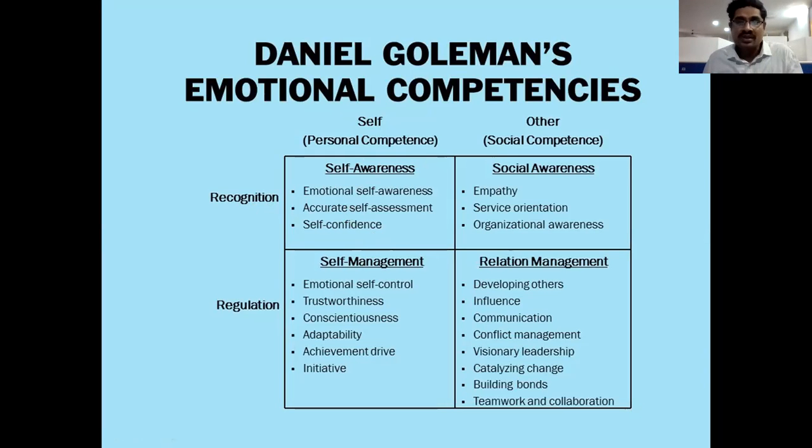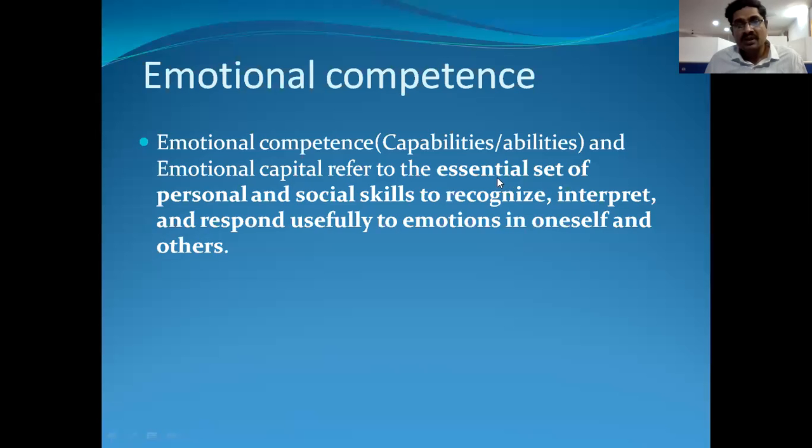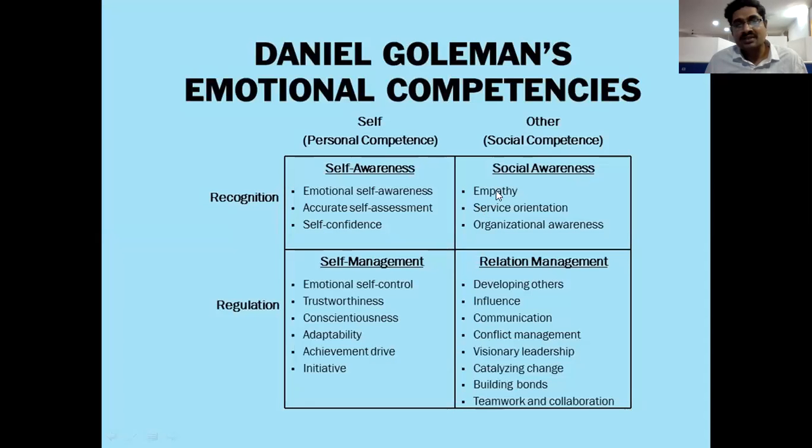These two points come under personal competencies. So simply, personal skills recognition. Coming to the next, as per the previous slide, social skills recognition. Here social awareness means social skills.